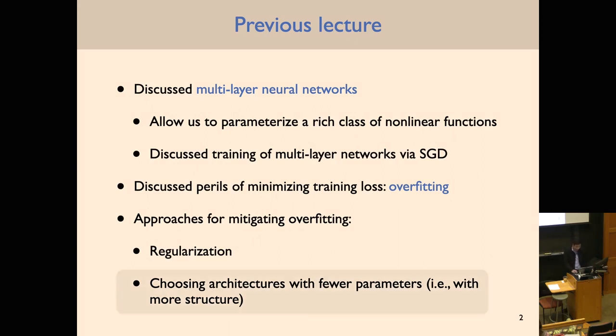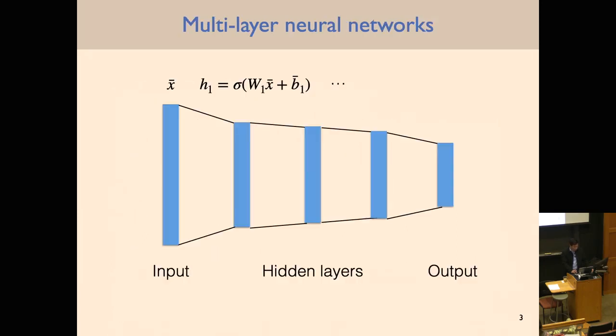In this lecture, we're going to talk about a slightly different approach, which is to be more clever about the neural network architecture that we pick, such that it has fewer parameters. That's another kind of simplicity that potentially overcomes this challenge of overfitting.